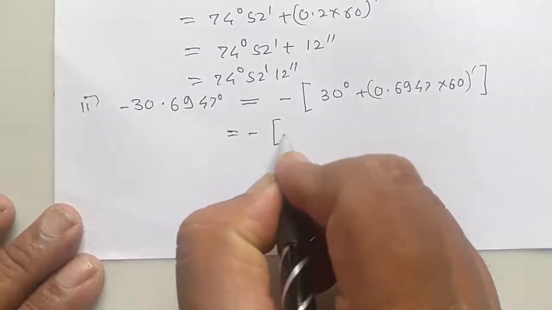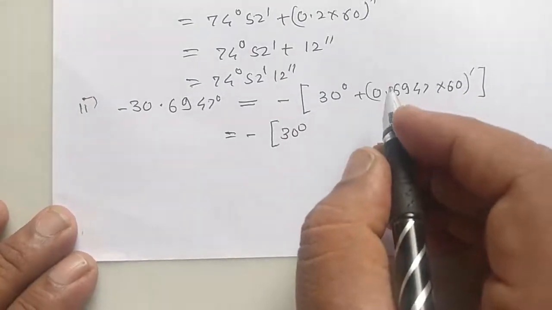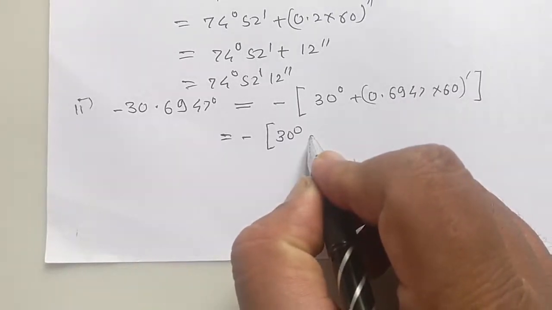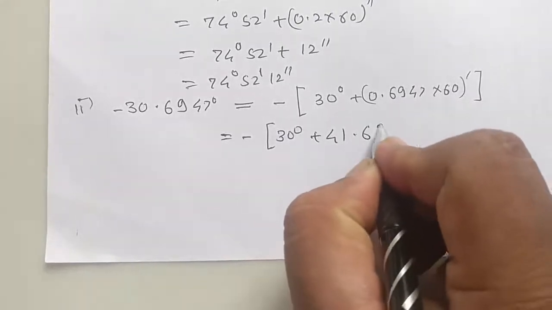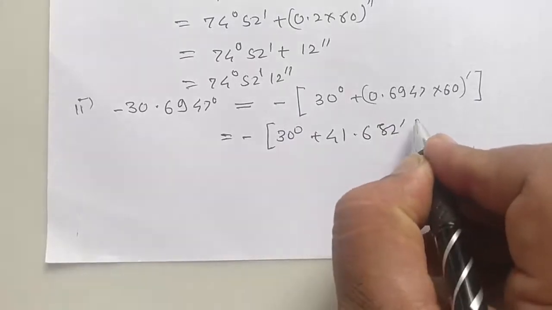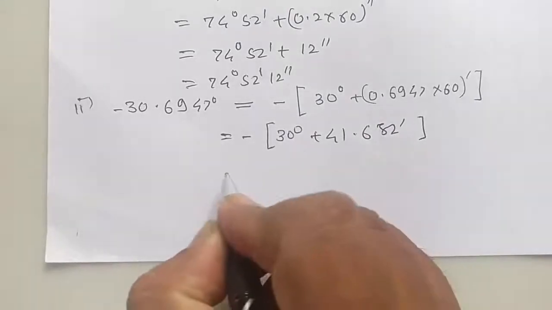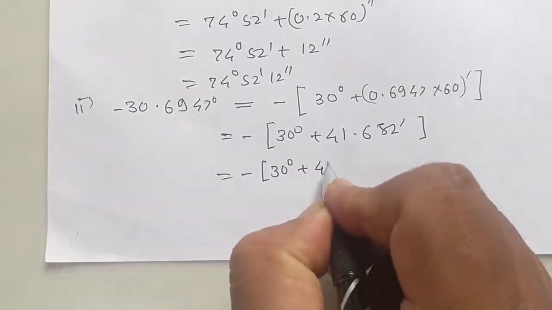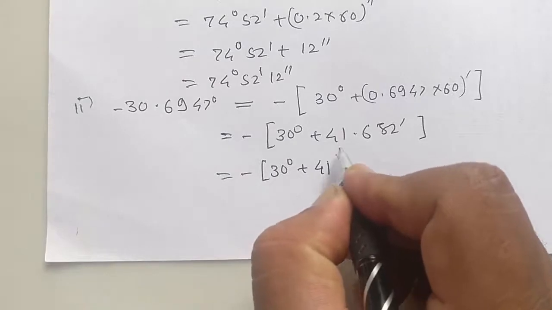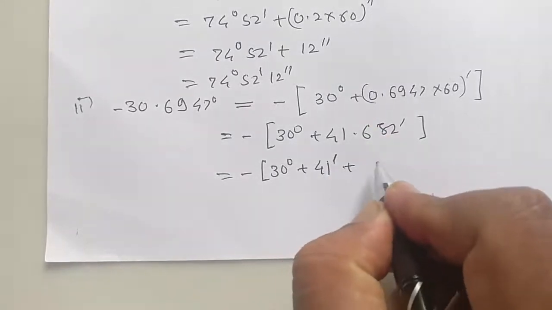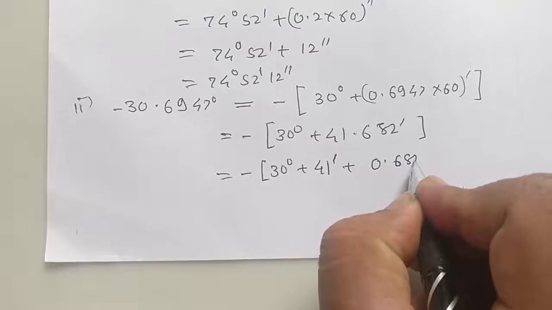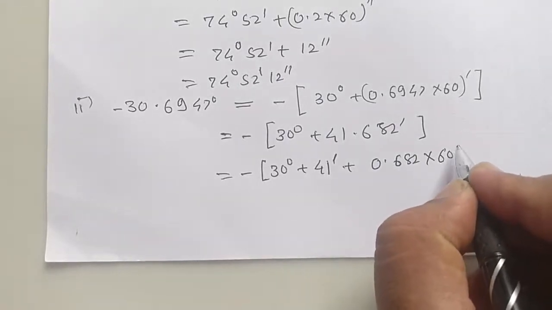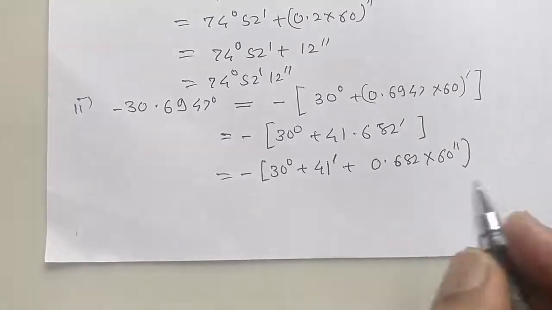So this is equal to minus 30 degree plus 41.682 minutes. So this is equal to minus 30 degree plus 41 minutes plus 0.682, which is converted into seconds by multiplying by 60 seconds.